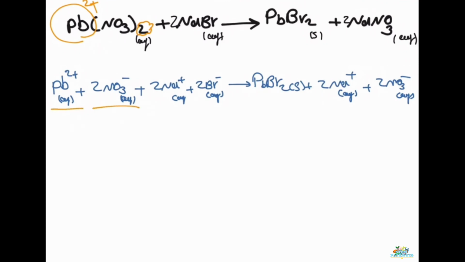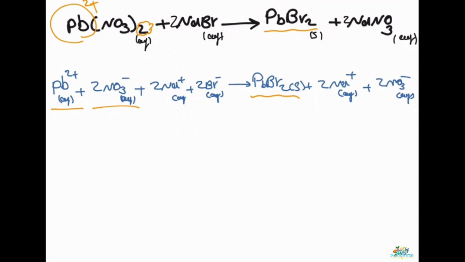We have NaBr, which is aqueous, and you know that Na is +1 and Br is -1. Then for the result, because it is a double displacement reaction, the Pb will be joined to Br, and we will have PbBr2, which is our solid product because this is a precipitation reaction, and NaNO3, that because of nitrate is aqueous for sure.